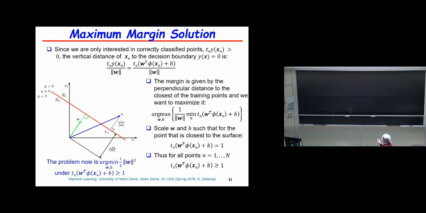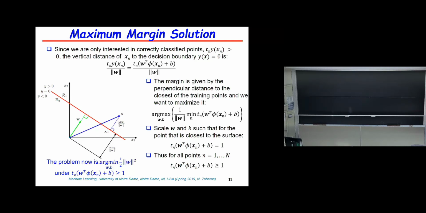I wrote this explicitly now: w transpose phi of xn plus b, that's what y of xn is, divided by the magnitude of w. So support vector machines are trying to do the following thing. They work using the margin, and they are trying to maximize it.